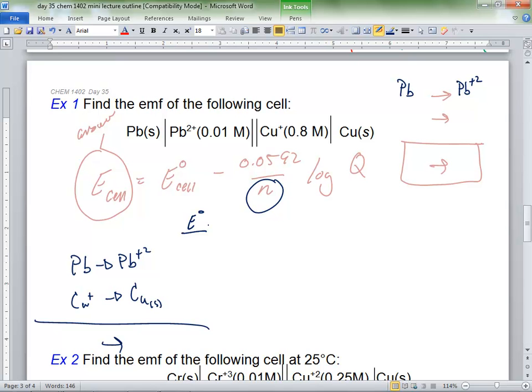I should put my little S on my Pb. And you can find the half reactions. Look up in any of the previous days. I'll give you a whole bunch of tables.